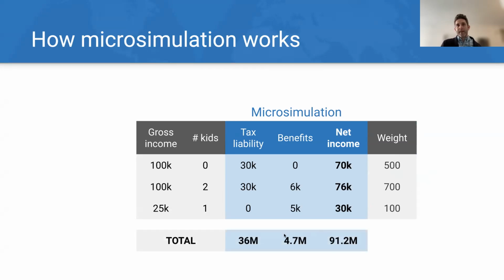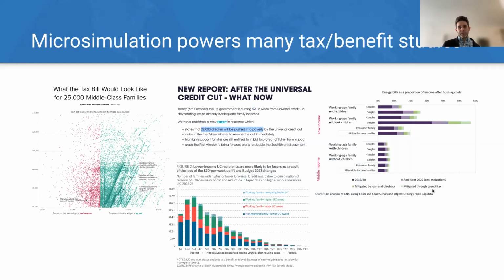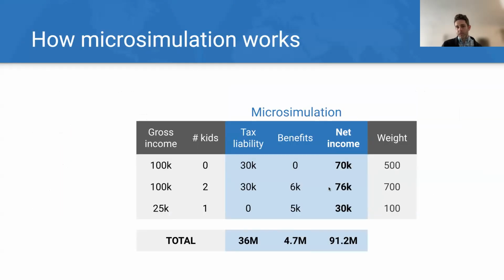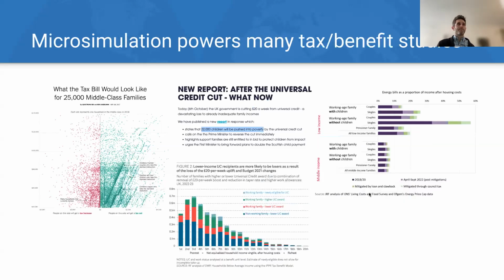You can then aggregate that up to figure out the total tax liability under a policy scenario, total benefits, total net income. And you can do that for multiple policy scenarios to compare at an individual level, things like distributional impacts, but also budgetary impacts and incentive impacts as well. And this is used for a lot of different studies of taxes and benefits.